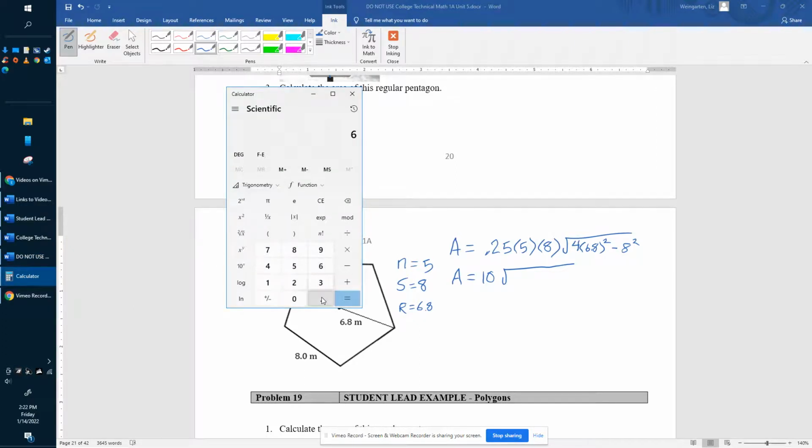We need 6.8 squared times 4, 184.96. 8 squared is 64, so we'll subtract 64, and we get 120.96.